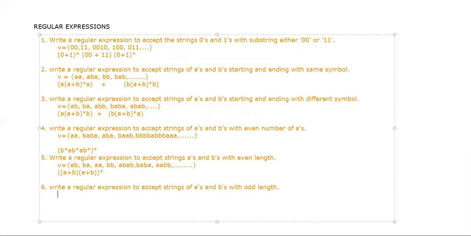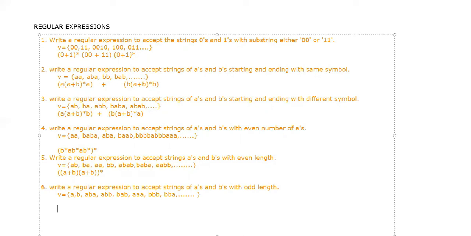Next question talks about a regular expression to accept strings of A's and B's with odd length. Interesting question is this. Many of them always get confused. Let's check how it works. See, if you say the strings accepted or generated would be A or B, writing even length is easy because we will get the minimum number as 2. Keep on adding 2. We may get all even numbers. 2 plus 2, 4, 4 plus 2 is 6, 6 plus 2 is 8.